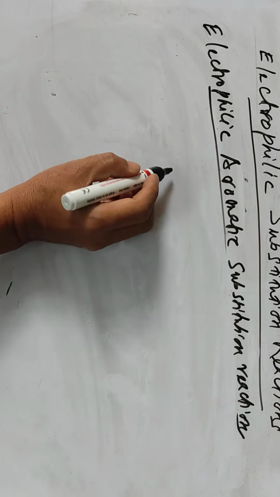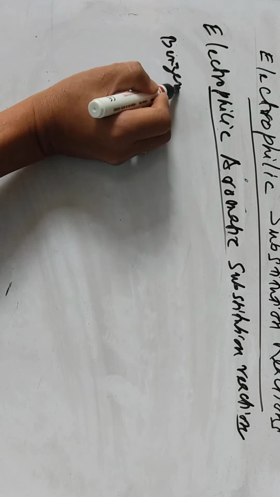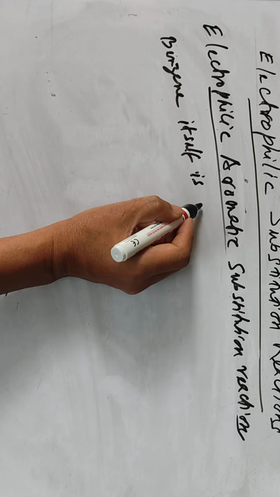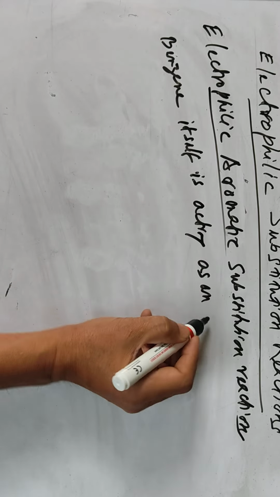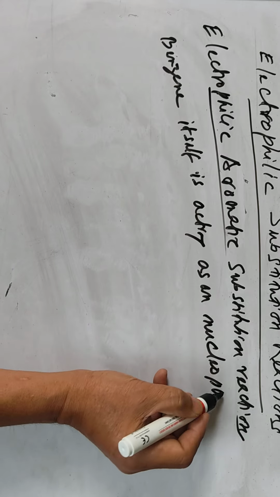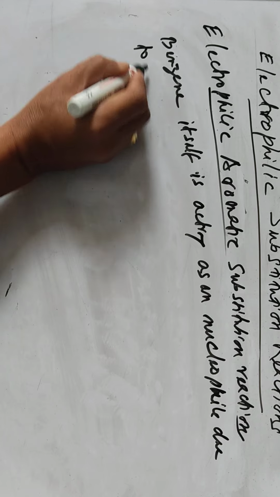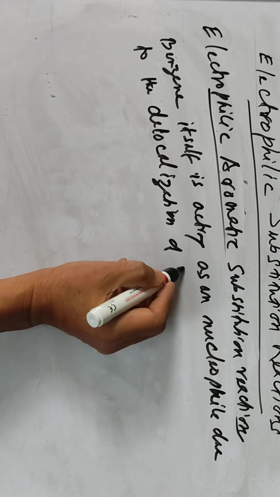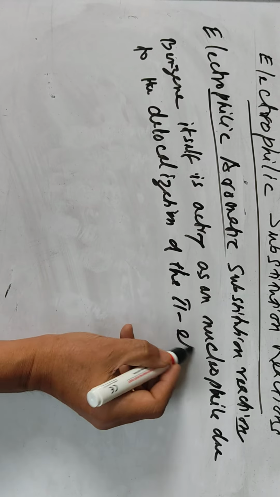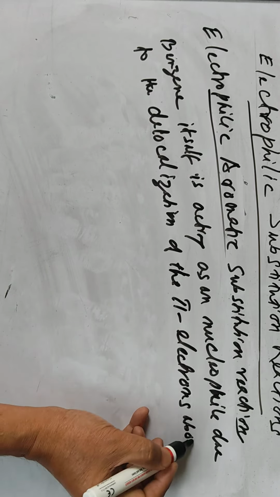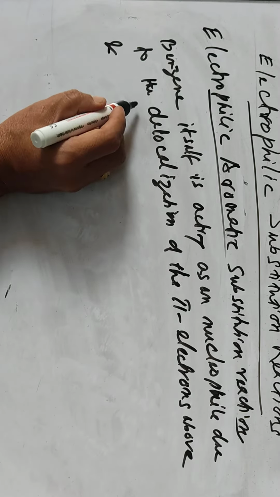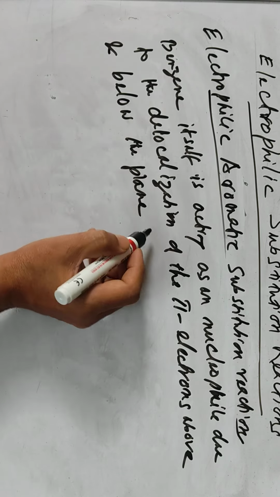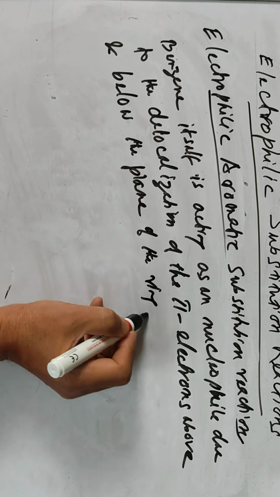So you can say that benzene itself is acting as a nucleophile due to the delocalization of the pi electrons above and below the plane of the ring, of the benzene ring.